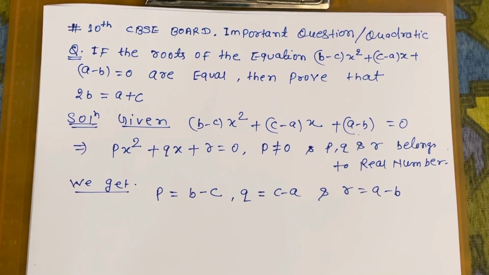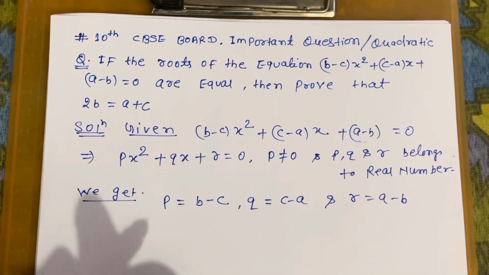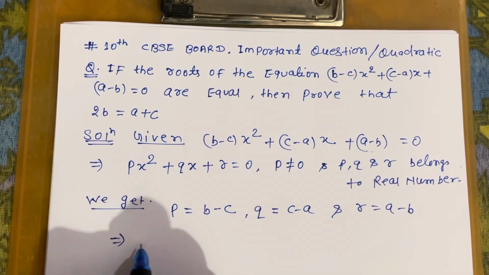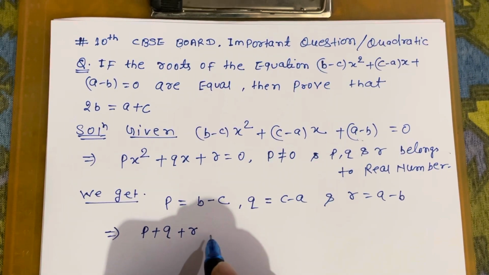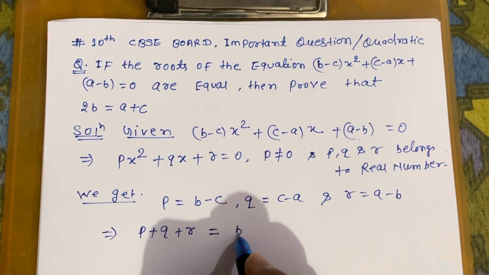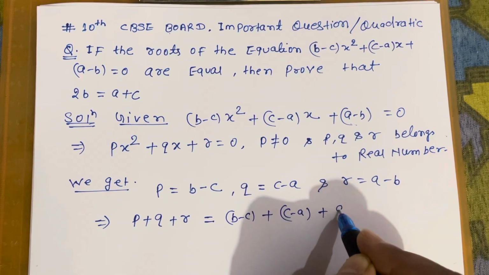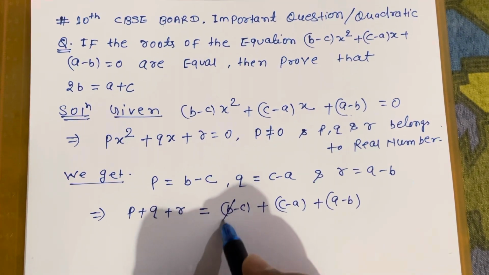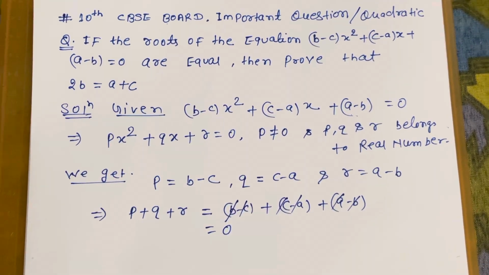In this case, we'll add p plus q plus r. I'll tell you why we are adding this. p plus q plus r is equal to b minus c plus c minus a plus a minus b.